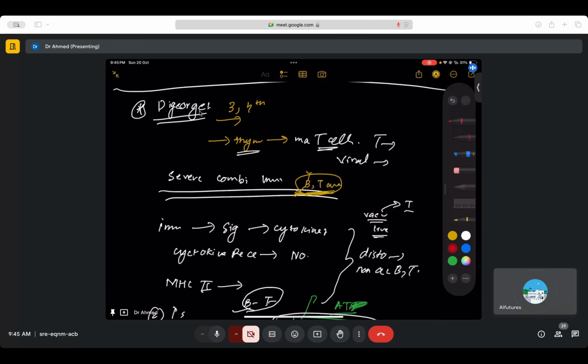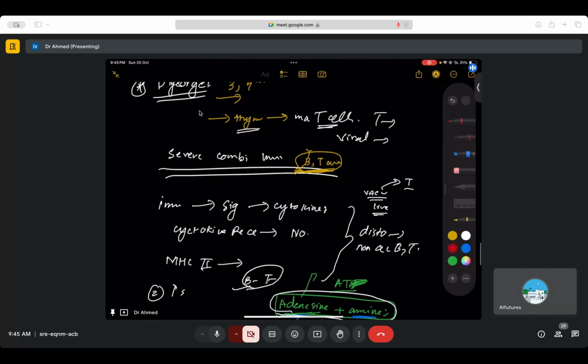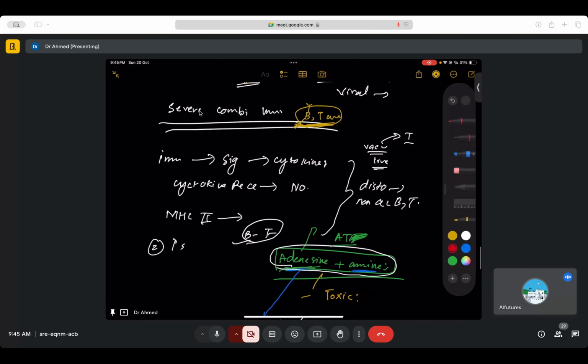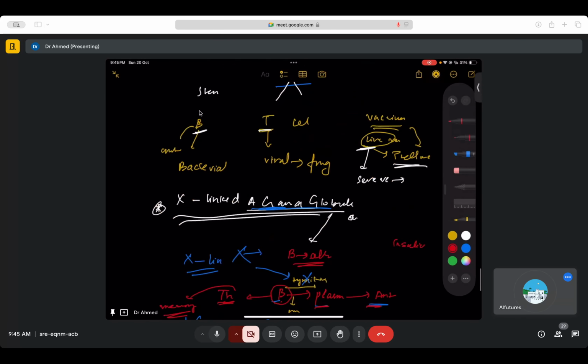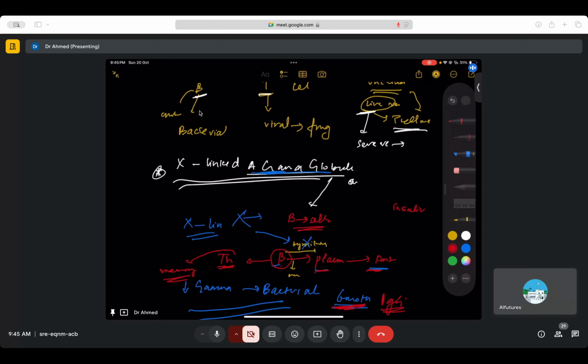Okay. Why aren't they functioning? Okay. Then can we give them live vaccination? Okay. Perfect. What's your X-linked agammaglobulinemia? Just make it simple.